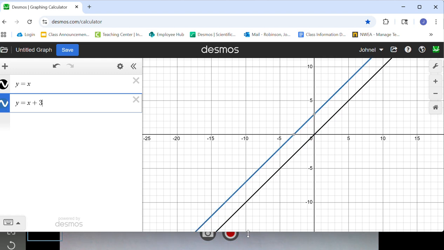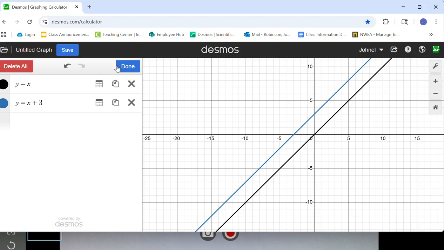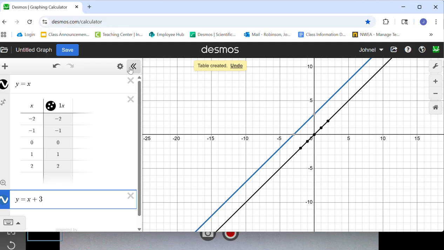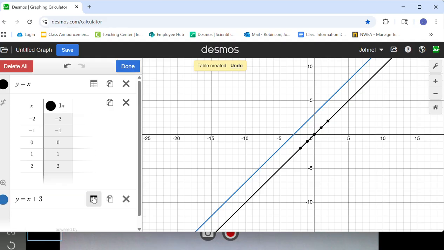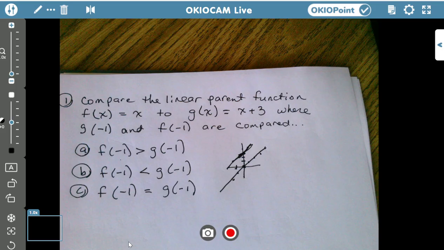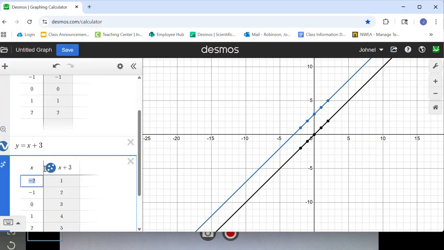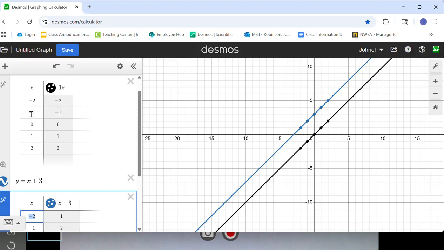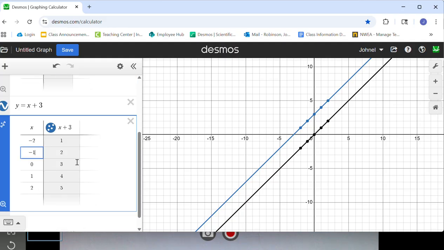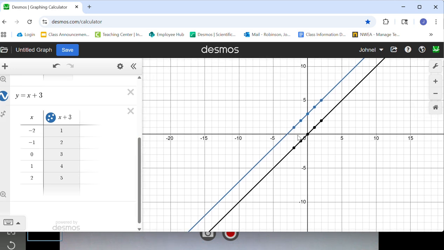Now, once you get those functions typed in, you come up here to the settings and you click table, go to the second equation, click table, and remember we are comparing the functions at -1. So I'm looking at when x is -1 right here, y is -1, and when x is -1 right here, y is 2.